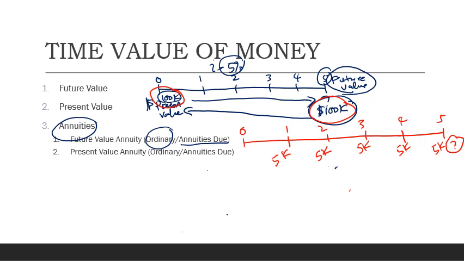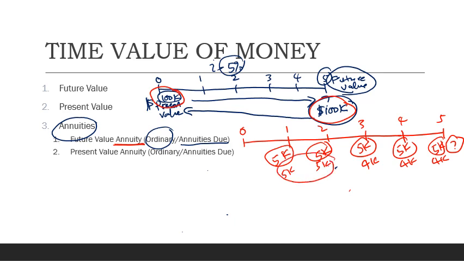This case is an annuity because it involves a series of the same amount. If it is 5k, 5k, then 4k, 4k, and 4k, basically this involves two series of annuity. The first one is 5k, another series of 4k.